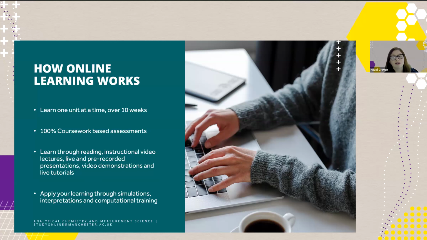So those are recorded, and there's always a way to catch up on that learning material if you're not available at that particular time. Although we do encourage you to attend if you can. And you get the opportunity through the online learning to apply your learning through things like simulations, interpretations, and computational training. And that is aligned to what is most appropriate depending on which unit you're studying at the time.